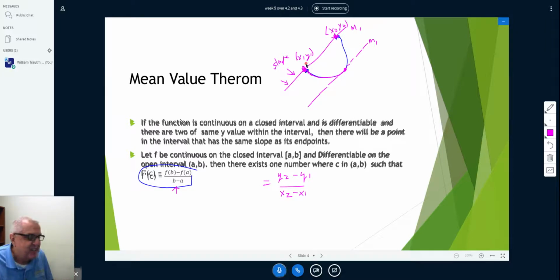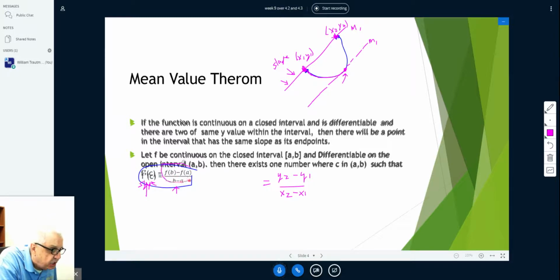If you find the slope between those 2 points using algebra, we can then, using calculus, find the slope at 1 point, somewhere between those 2 points. If we move along on that graph, you see, this is the derivative. That's the slope using algebra.